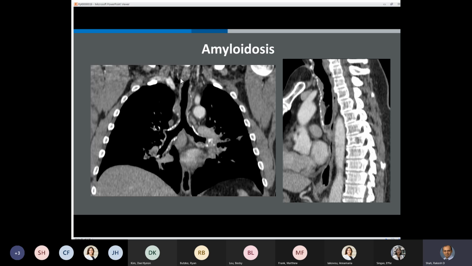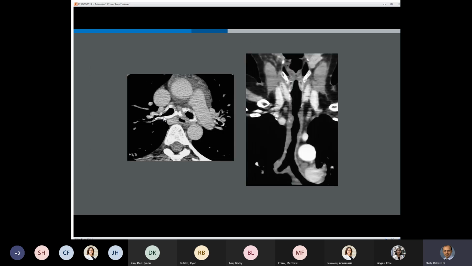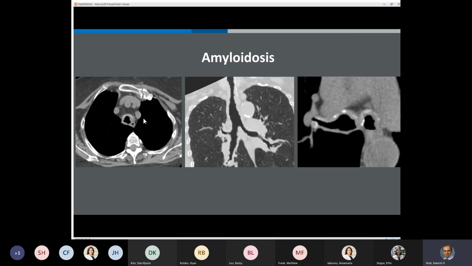Again, on some sagittal and coronal reformats, you can see the irregular and nodular-looking thickening of the trachea with calcification. Some more examples of amyloid. It looks very similar if you see this sort of irregular thickening with calcification. Think possibly amyloid in the right situation.